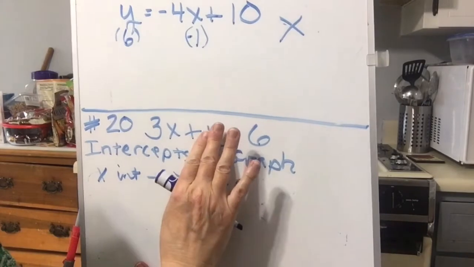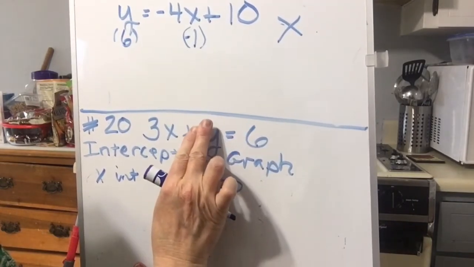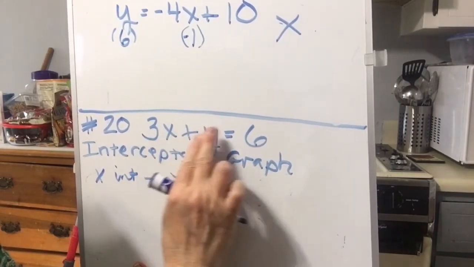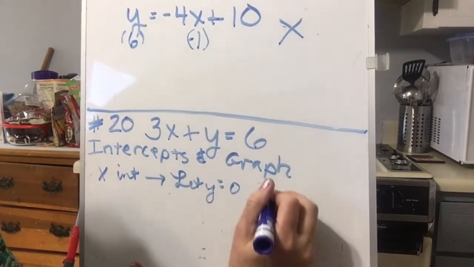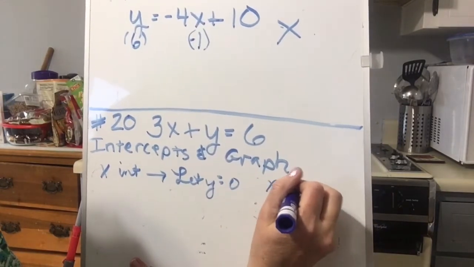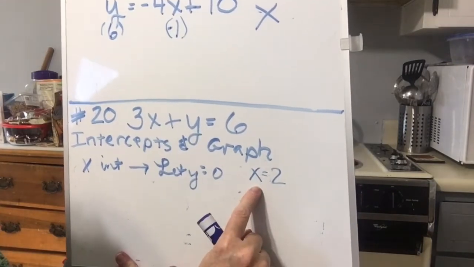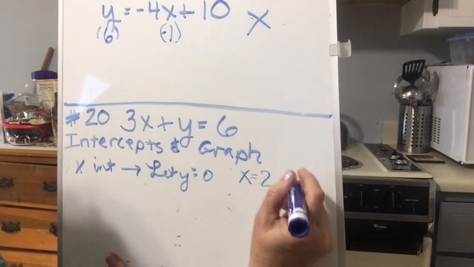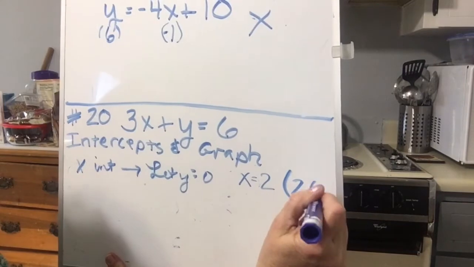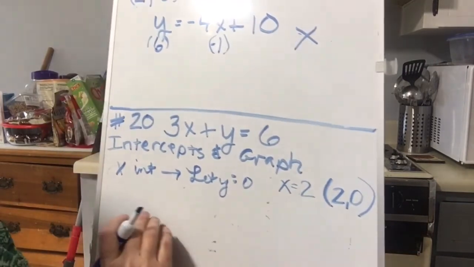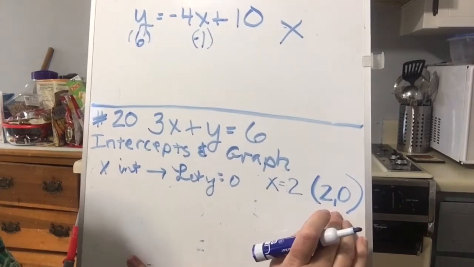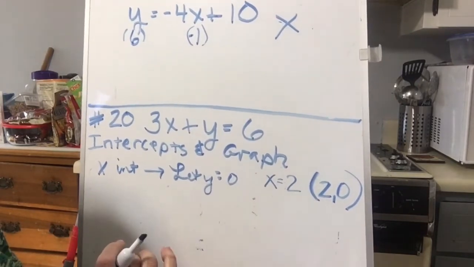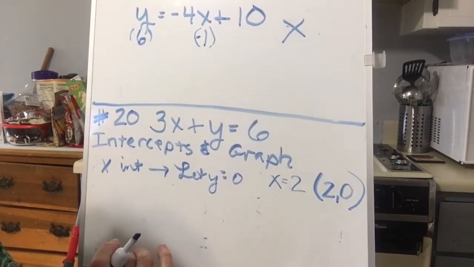If I let y be 0 and cover that up, then I've got 3x equals 6, and then x would be 2. To write that as a point, it would be 2, 0. When you're doing this on a test, I would like you to say x-intercept 2, 0, because I need to know if you know which one is the x-intercept and which one is the y-intercept.